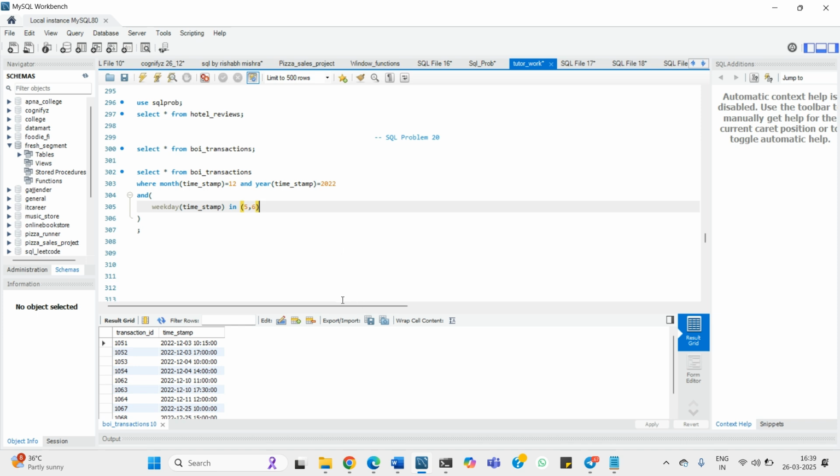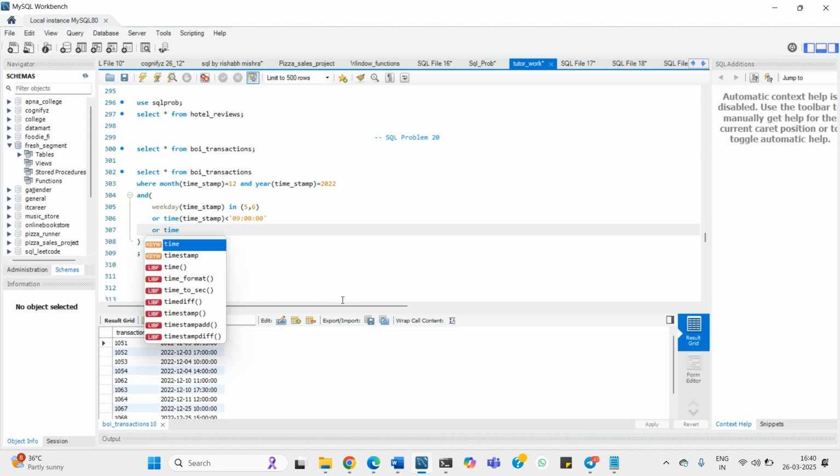So we can put this condition, which is OR hour of timestamp is less than 9. So it is an invalid transaction, because before that there is no official hour. After that we can do the same for 16.